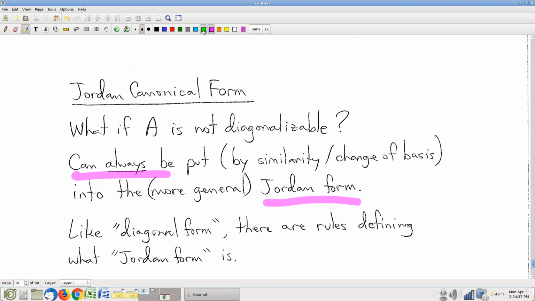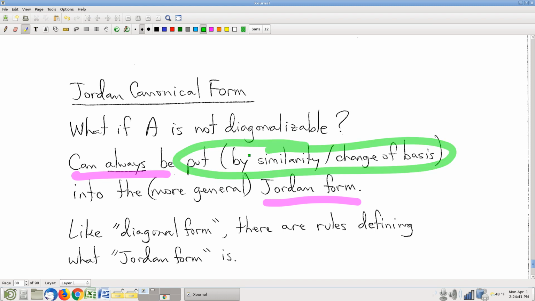And let me remind you, when I say putting the matrix into the form, I mean by way of change of basis, aka conjugation, aka similarity. This is in that conversation of we're interested in understanding a linear transformation. The linear transformation is our underlying object of concern. I allow change of basis and similarity because I know that doesn't change the underlying linear transformation that we actually care about.